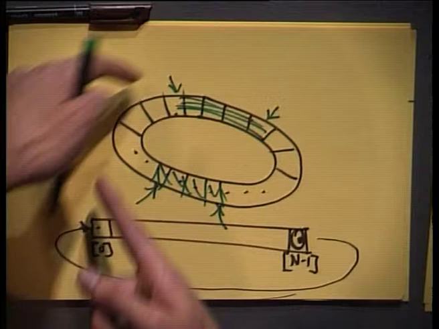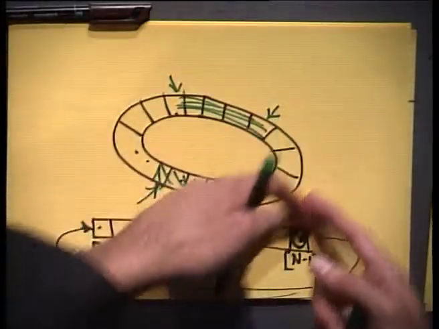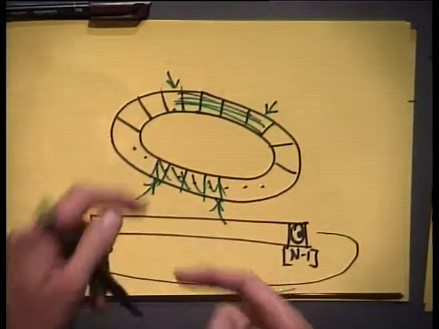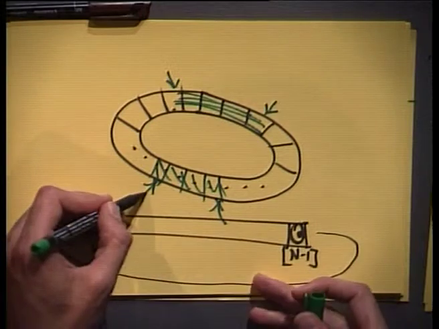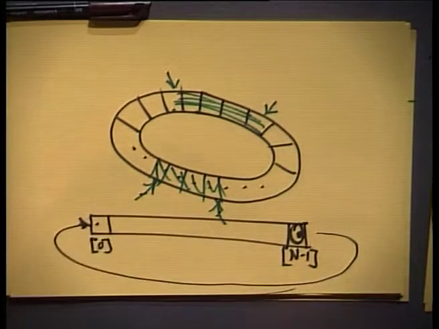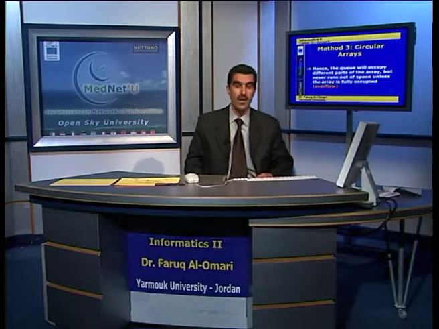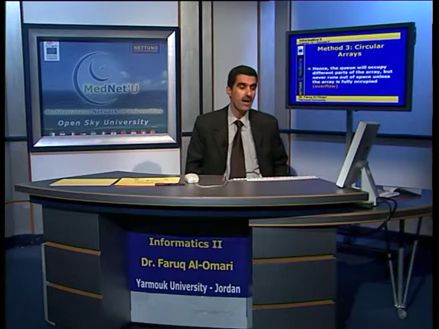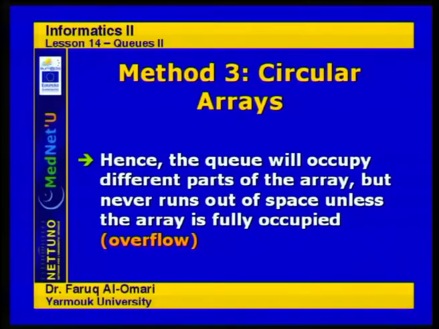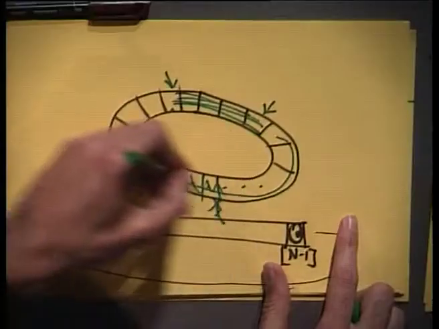So these pointers are going to keep circulating around this donut, if you like, and I will always have these two pointers pointing to the very first entry, which I will serve next, and to the very last entry, where I'm going to add an entry after it, just in case I need to append. And in this case, I will never have an overflow unless, of course, the whole thing is filled.